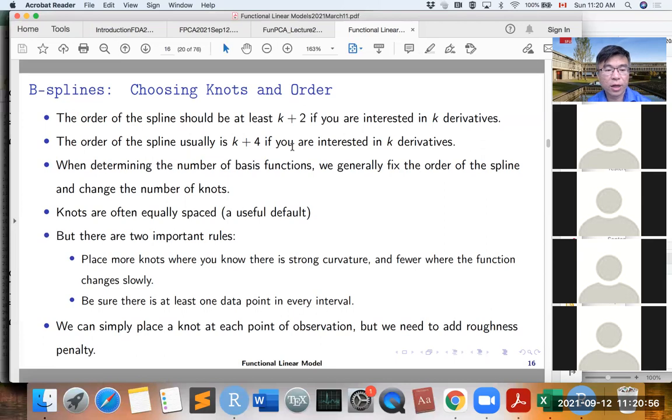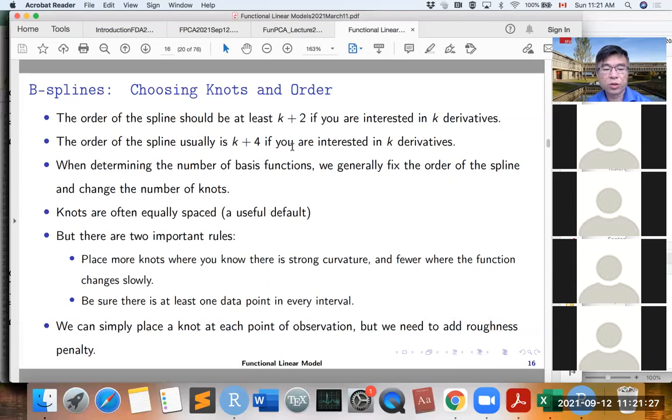There are two important rules. Generally, we will put more knots when you think the function has a sharper change or a strong curvature, and we will put fewer knots when the function changes slowly. If you know the function is a constant, you will put fewer knots there. And generally, we will require at least 1 data point in each interval.